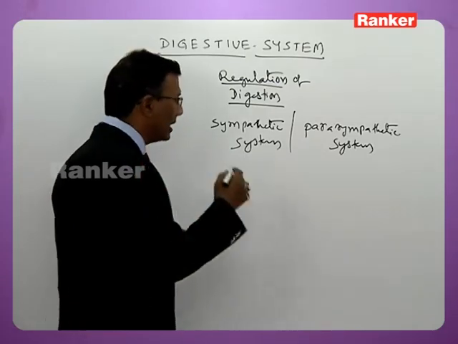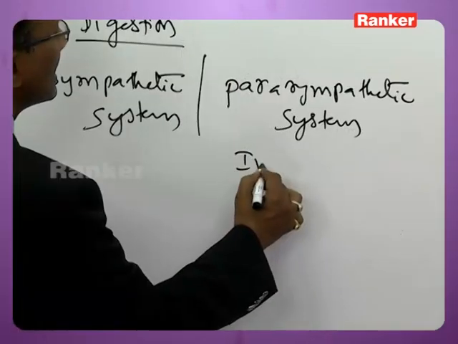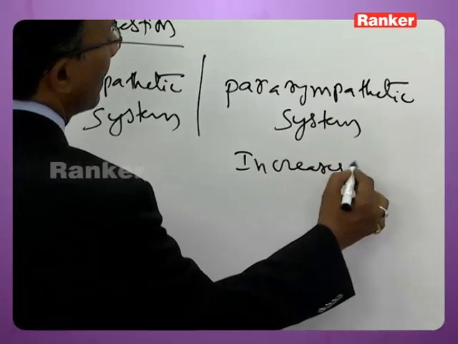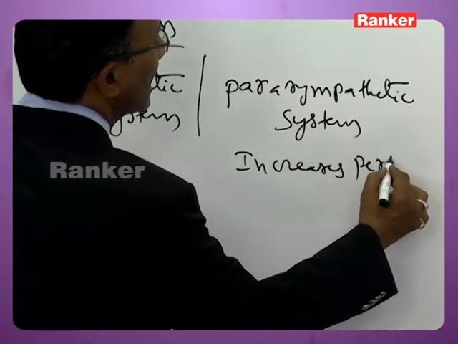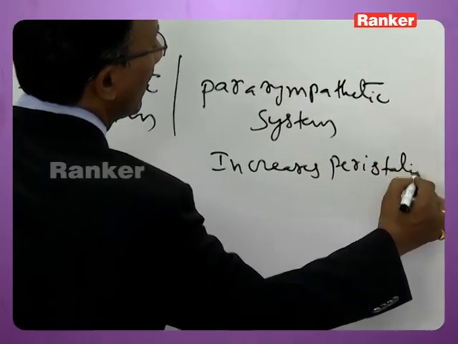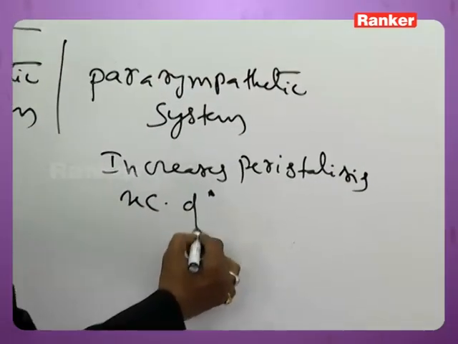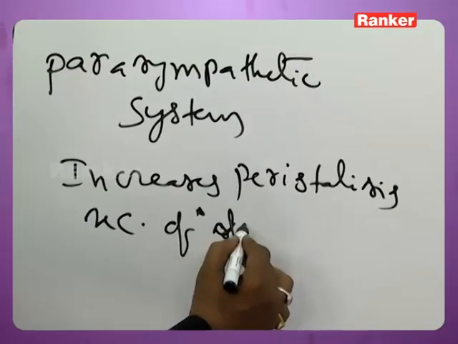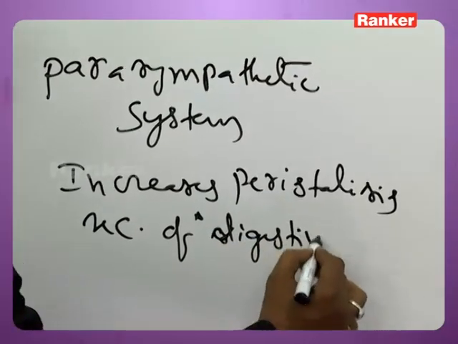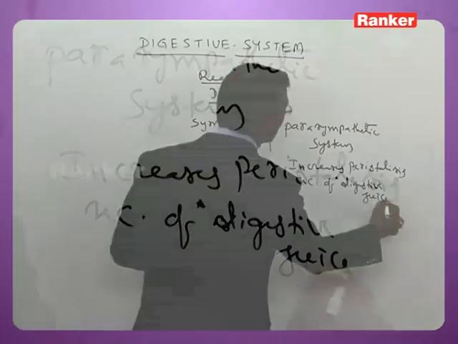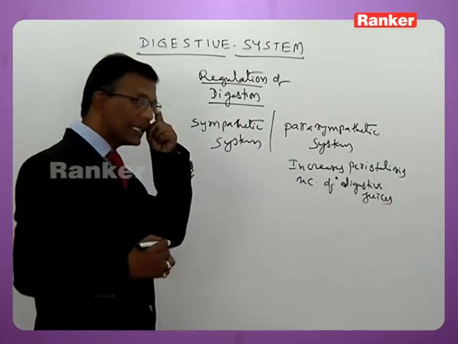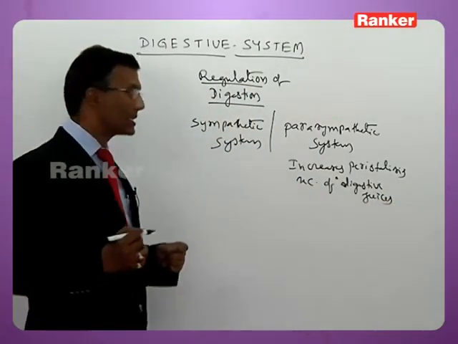How do they regulate it? The parasympathetic system increases peristalsis and secretion of digestive juices.